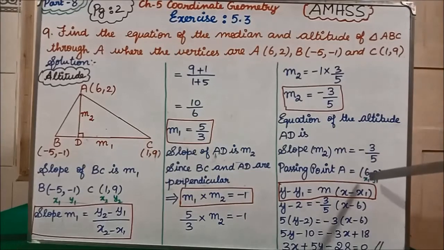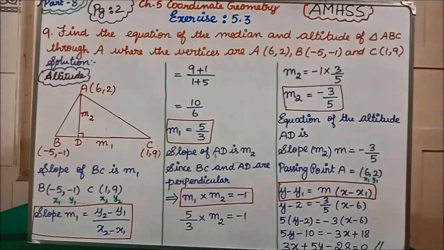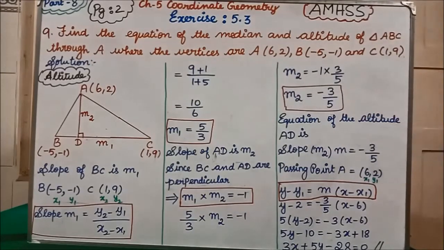Now this is x1, this is y1 and this is our m value. Students, if you apply the m1 value here, you will get a wrong answer. Finally, the m value you have is m2, that is only your m. Clear? y minus y1, which is 2, equal to m, which is minus 3 by 5, into x minus x1, which is 6.